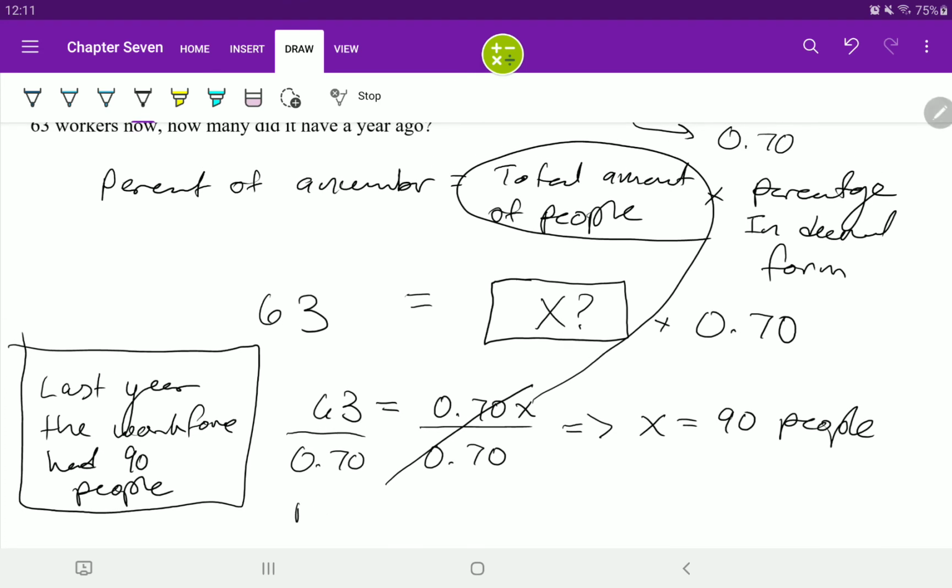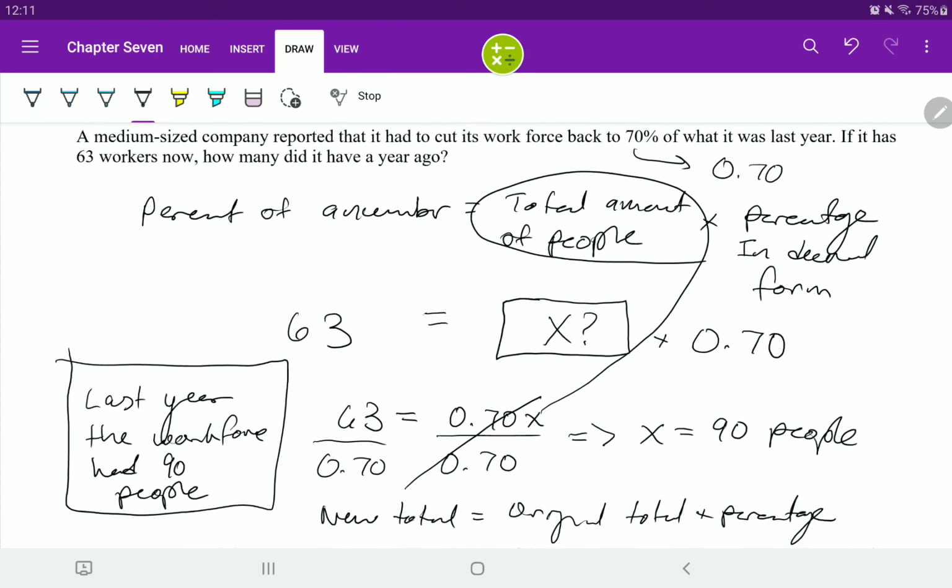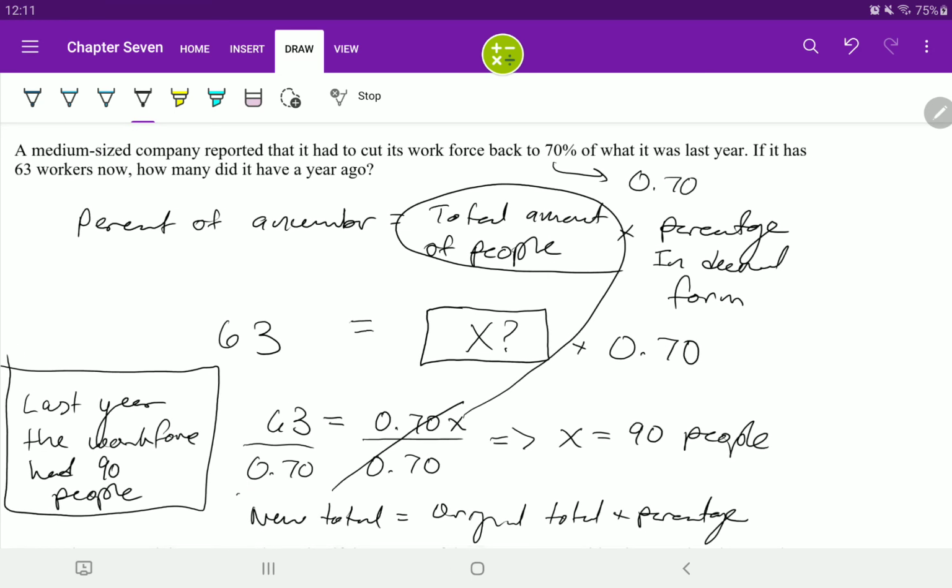We can say that the new number, the new total, equals the original total times the percentage. Let's copy down this formula as well. That's basically matching the one that I gave up there.